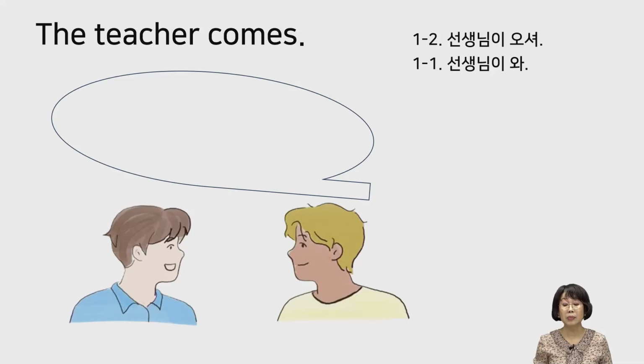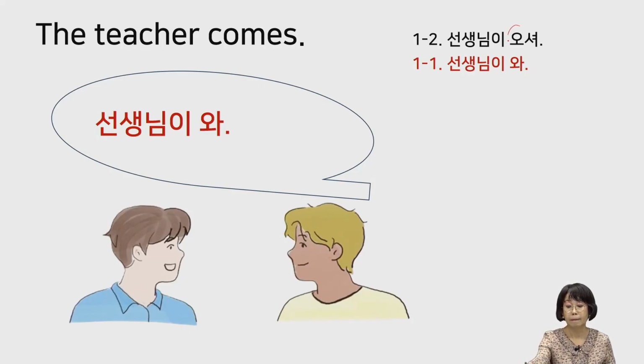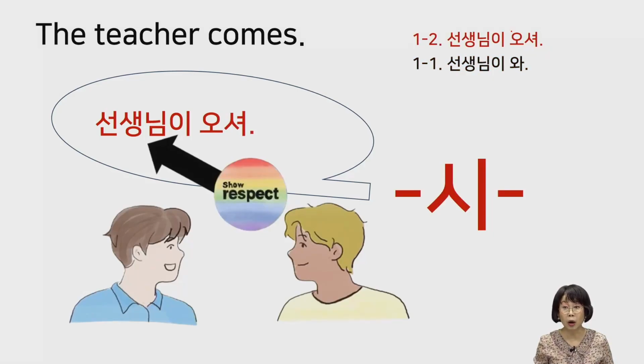The teacher comes. 선생님이 와, 선생님이 오셔. When you say 선생님이 와, it is a casual way. You can use this form between close relationships. 선생님이 오셔.